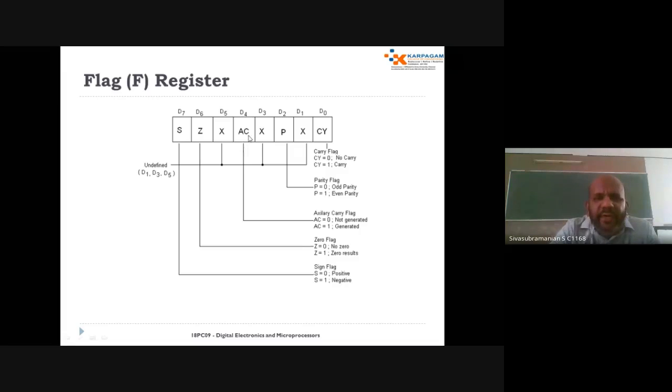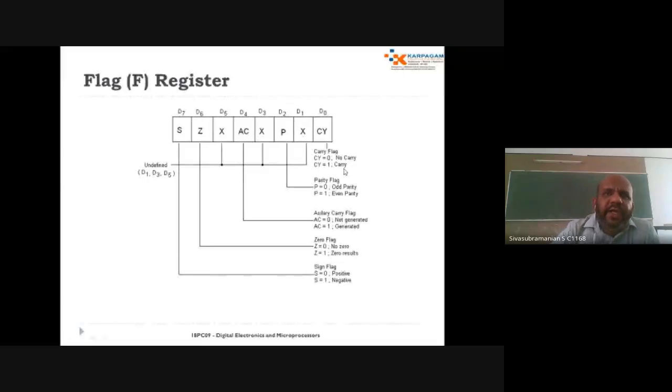Then, before getting into auxiliary carry, let us finish off the carry and then we'll come to auxiliary carry. Okay. The carry flag will be set whenever the result has a carry or a borrow. When we do an addition of two numbers, right, we ultimately get a carry. When you do a subtraction of two numbers, you get a borrow, right?